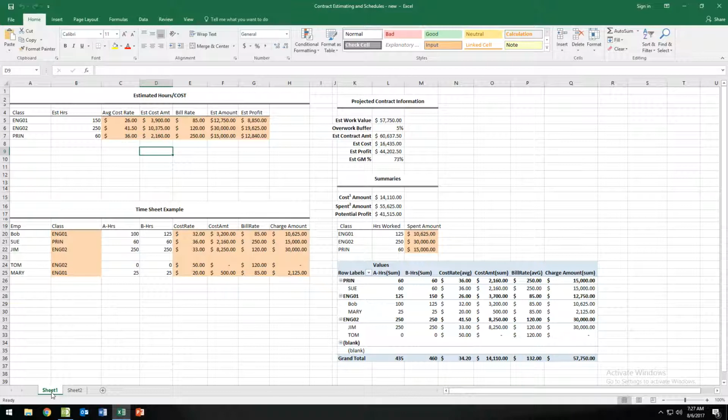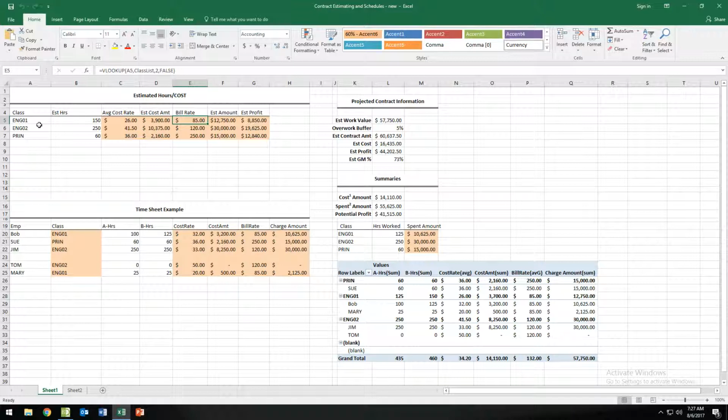So for example, in this case, Bob is an engineer 1, and he will always bill out at an $85 bill rate, because that's what engineer 1s bill out at. So we're not actually assigning the rate to Bob, we're assigning the rate to the engineer level 1, and simply stating Bob is a level 1 engineer.